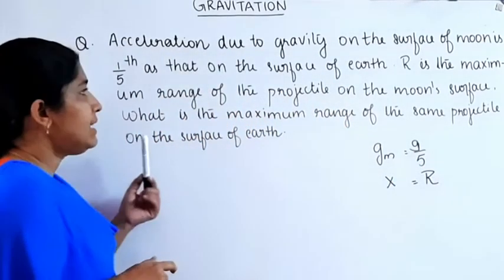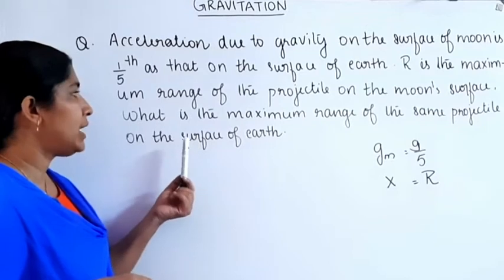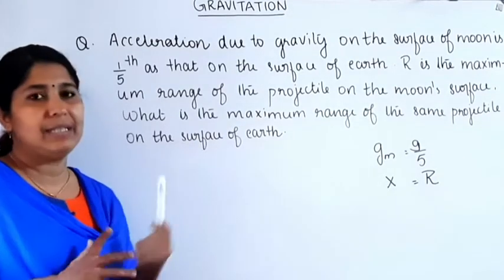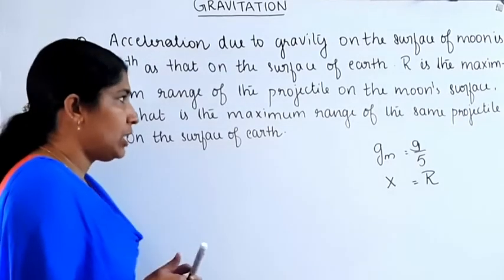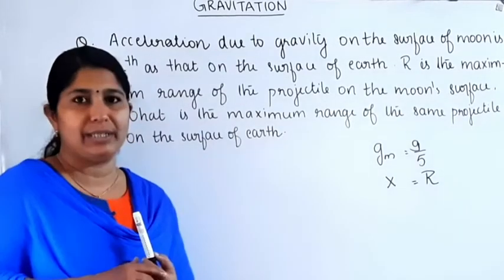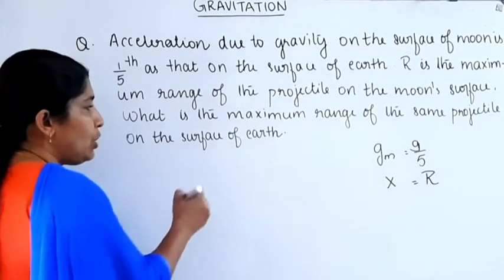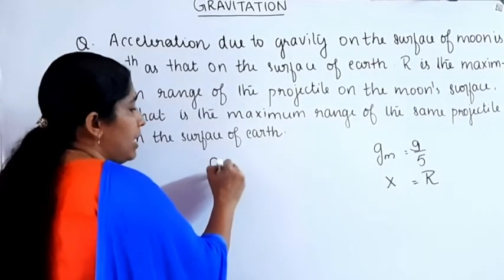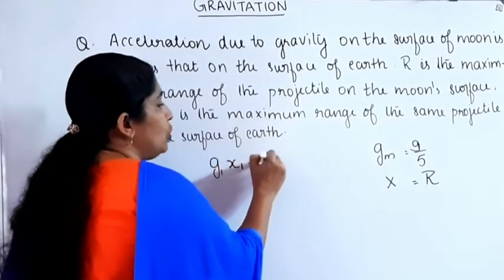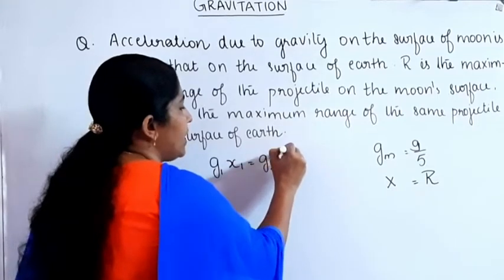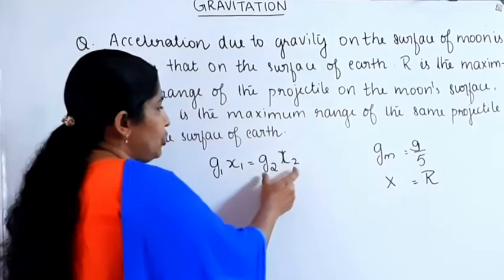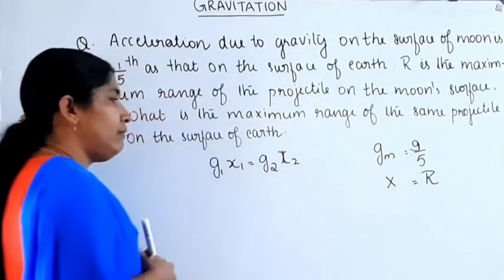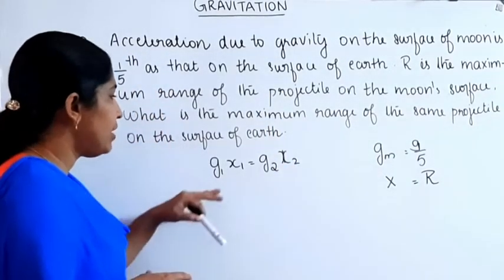Then what is the maximum range of the same projectile on the surface of the earth? That's our question. For this, we can use the equation g1 x1 is equal to g2 x2.